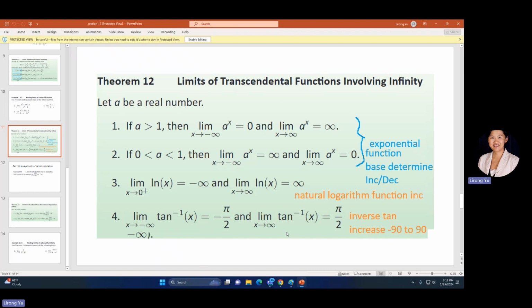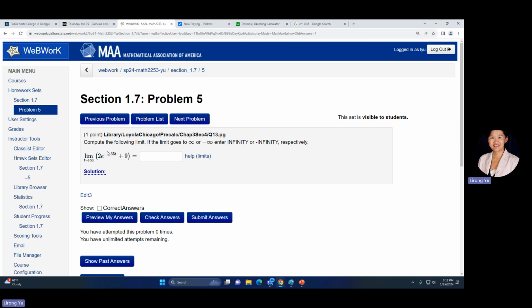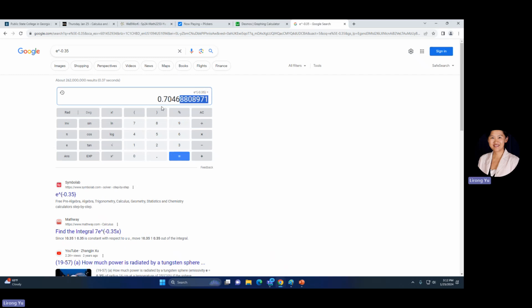Okay. So if you are using an exponential function, this is the base, e to the negative 0.25, which I calculated is smaller than 1. So that's like a 70% factor every time. So 70% and 70% and 70%.